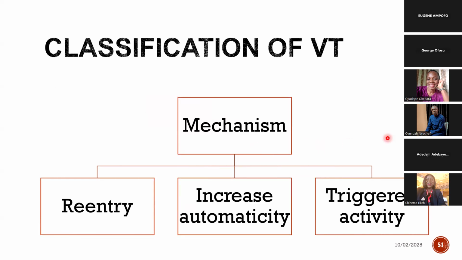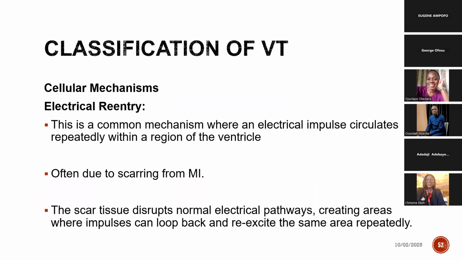Again, VT can be classified based on the mechanism by which it's occurring into re-entry, increased automaticity, and triggered activity. Re-entry is a common mechanism where an electrical impulse circulates repeatedly within a region of the ventricle, and is usually due to scarring from a previous MI.